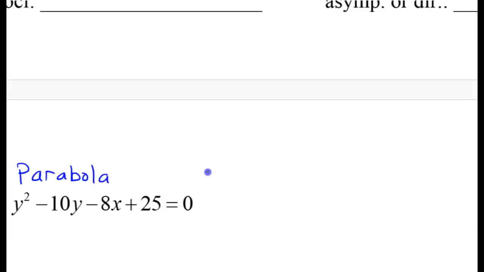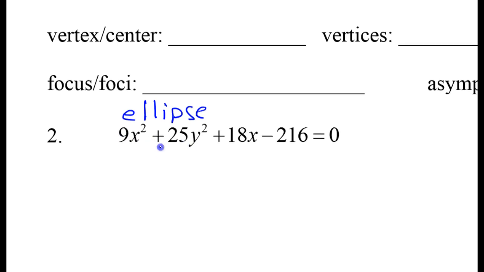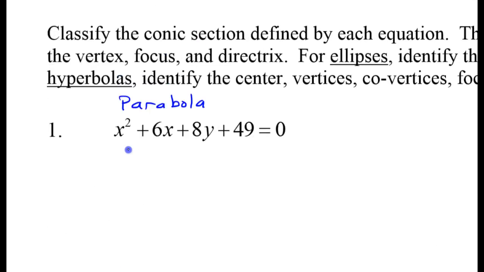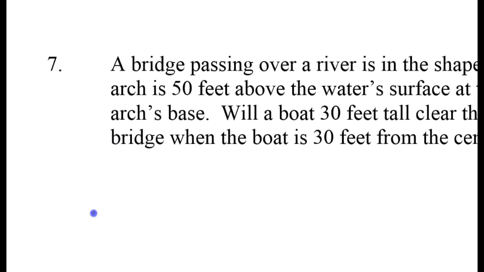And I guess that's it for just equations. So no love for the circle today. Again, if it was going to be a circle, both variables would be squared and the coefficients would be the same. So no circles today. Maybe the word problem at the end is talking about a circle.